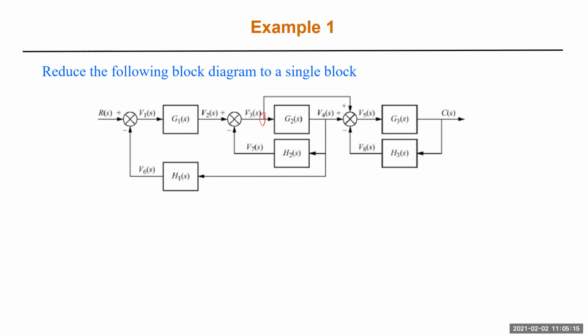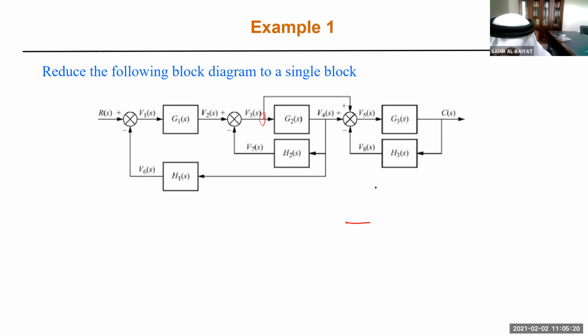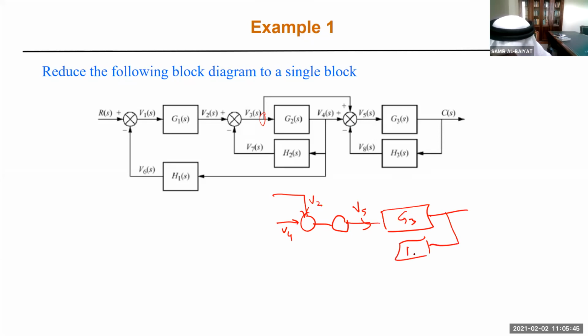Okay, let me call the signal here V5. Let me break this one into two. This is V4, and this is the signal coming from V3, and G3, H3 in here, C(s).